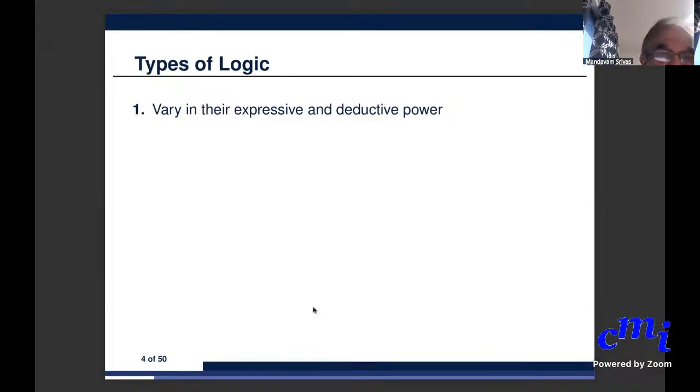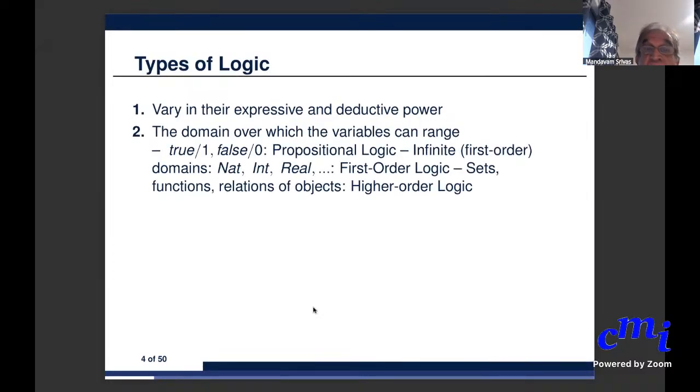So logics can vary in their expressive power and deductive power. By deductive, I mean the reasoning power. These are different kinds, and the domain over which the variables can range, and the way they get this expressive power is by means of these features.